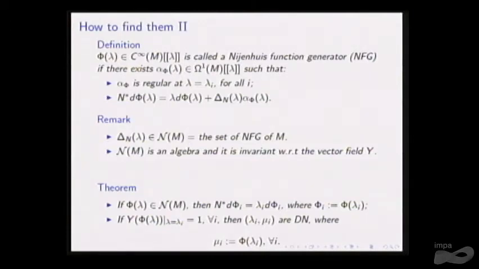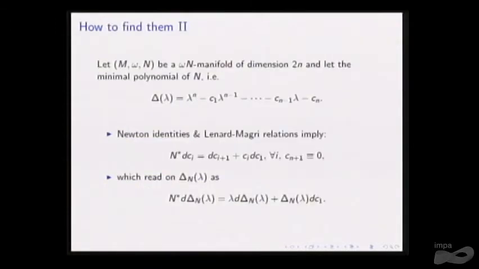We call this function a Nijenhuis generating function if we can find a one-form, which I denote by alpha_phi(lambda), such that there is this condition of regularity of alpha_phi at lambda_i, but then there is this other condition which mimics, in the general case, what we saw for the minimal polynomial. So the role of the one-form alpha is played by this dc_1.